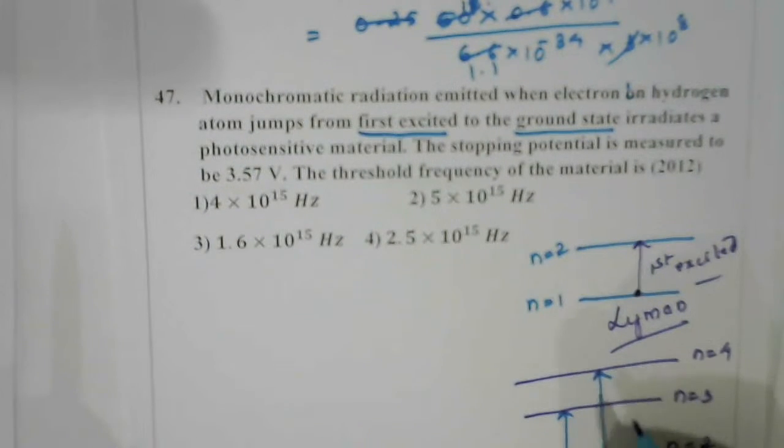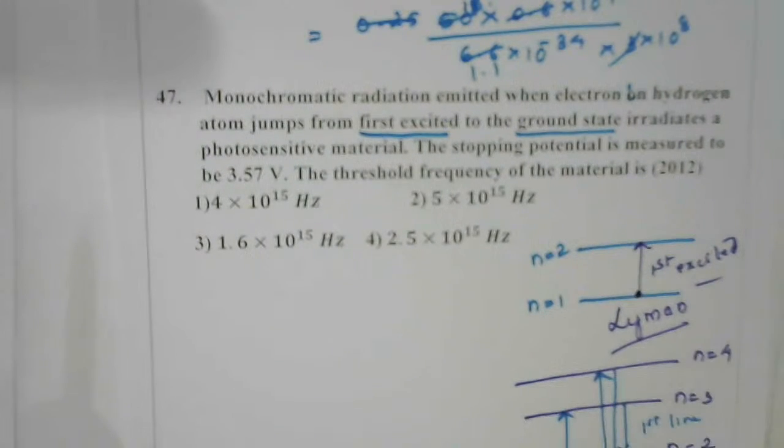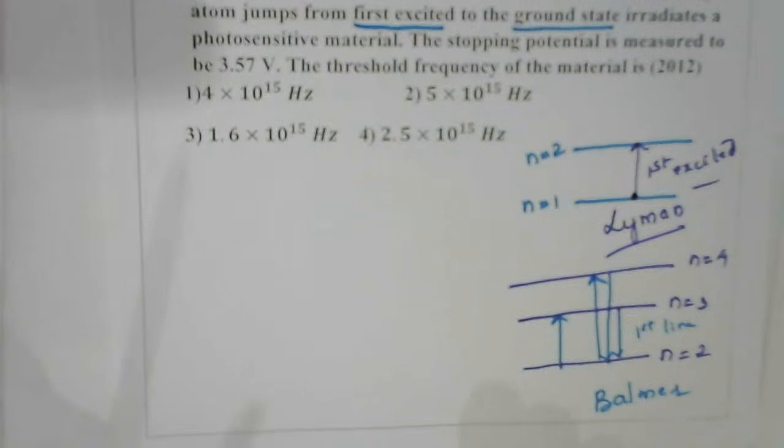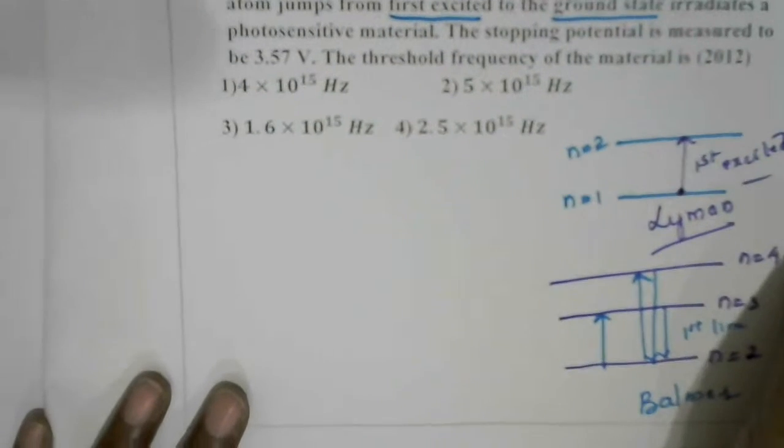Whereas if it is falling from n equal to 3 to n equal to 2, that becomes the first line in the Balmer series, and this becomes the second line in the Balmer series. The things will change depending on the series you are going to learn later. But right now it's nothing but n equal to 2 to n equal to 1.